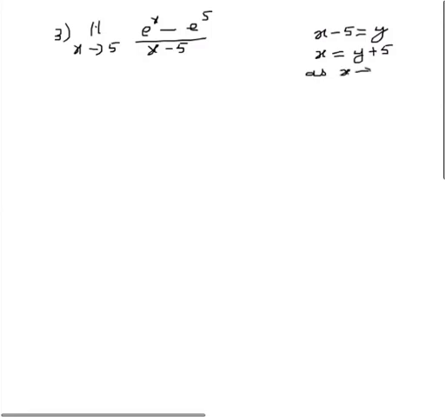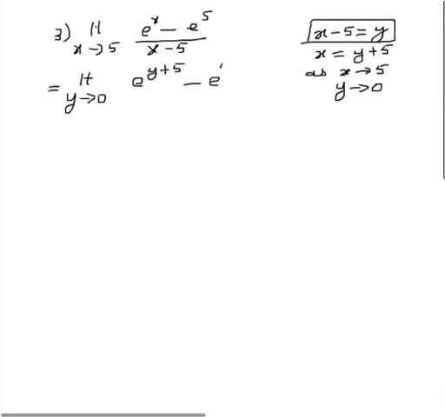And as x tends to 5, substitute x as 5 here. 5 minus 5, y becomes 0. So y tends to 0. Let us change the variable. Limit y tending to 0 of e raised to x is y plus 5 minus e raised to 5 divided by x minus 5 is y.